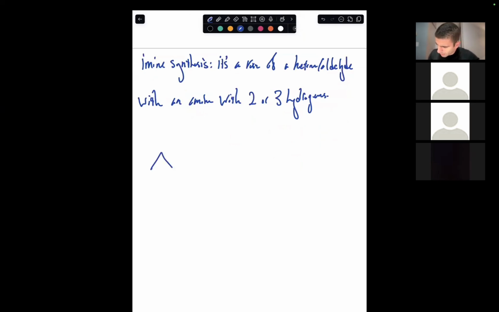So let's say we have a ketone and we have an acid. And then we have, let's say, NH2R. So instead of two nitrogens attacking this, this nitrogen loses two of its hydrogens and makes a double bond here.